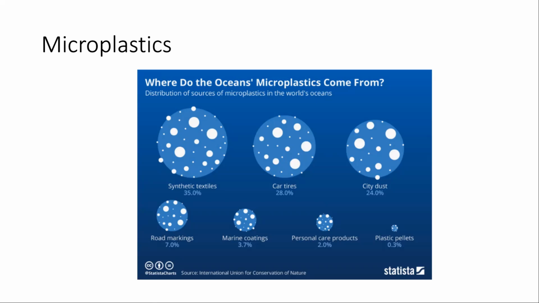They're also in the atmosphere. They're also in the human body. So unfortunately, microplastics are almost certainly in your blood at this point. Just because plastics are so ubiquitous, they're used everywhere. And they've been used for quite a long time now.